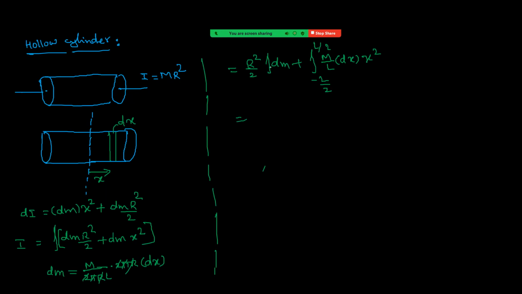Integration of dm gives us the total mass. So it is now m r square by 2. Next, we can take m by l outside. X square dx becomes x cube by 3. Then see what we get here.